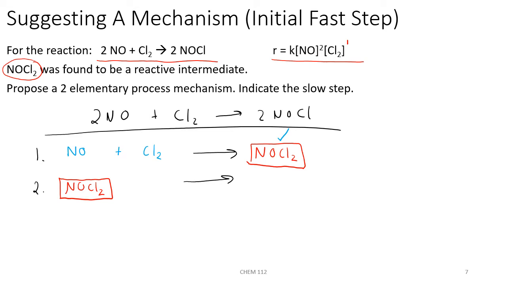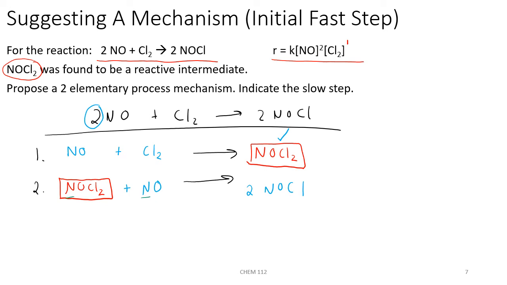So then in step 2, maybe what happens is the reactive intermediate then collides with 1 more molecule of NO we need to use up, so plus NO. And then we would have to form some product. We haven't formed any product yet. So we're going to have to make 2NOCl. We can check law of conservation of mass.